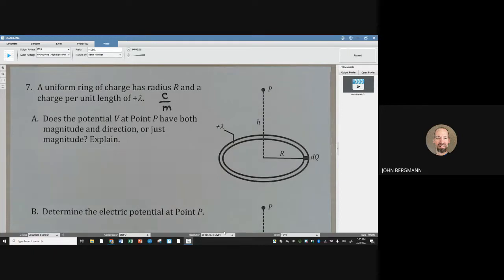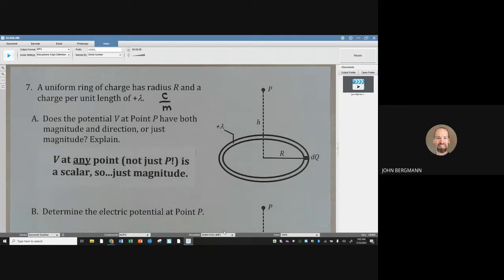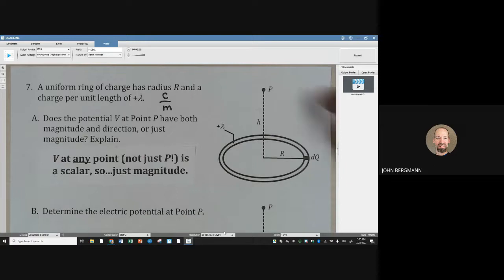Does the potential V at point P have magnitude and direction, or just magnitude? The answer is that the potential at any point, not just here at P along the central axis of this ring, is a scalar. And so it just has magnitude. In some cases, it could be positive. In some cases, it could be negative.